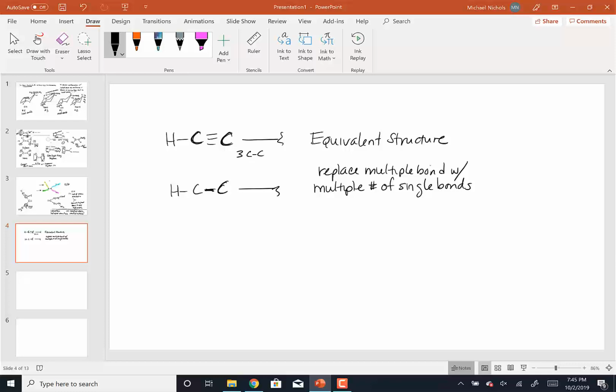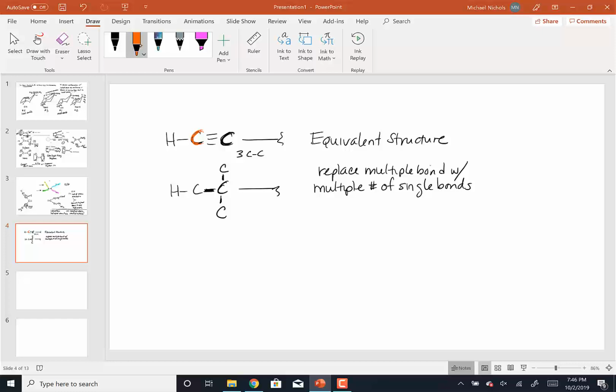So here's the first, here's a second, here's a third. So I've replaced my CC triple bond with 3 CC single bonds. And now for this carbon, I have 3 things attached to it, so now I've got a fair comparison. But it's not just this carbon that I look at. It's this carbon, because this carbon also has a triple bond.